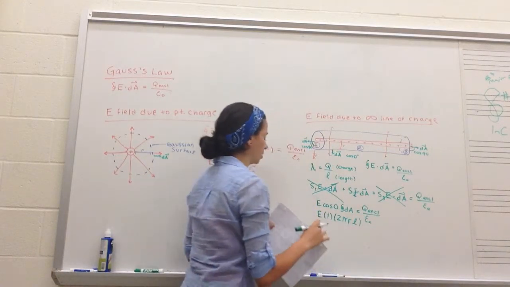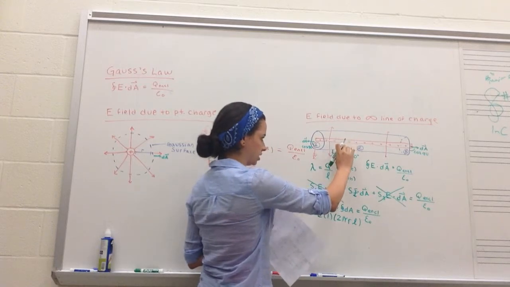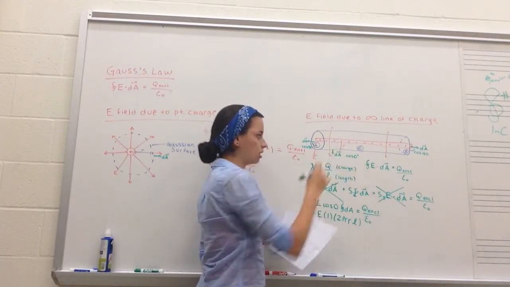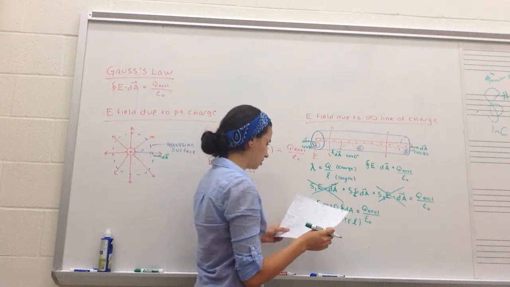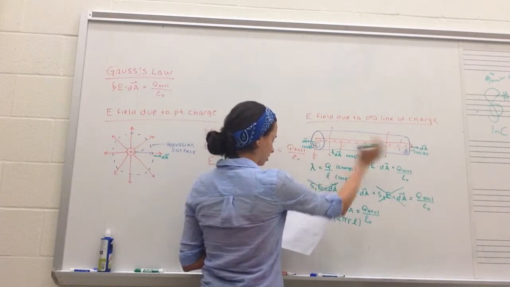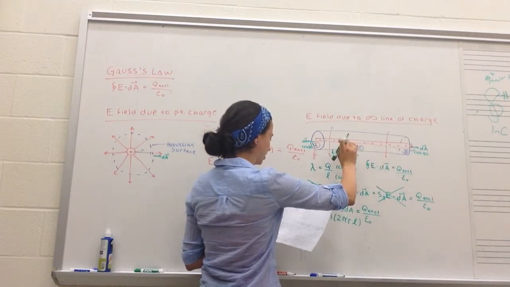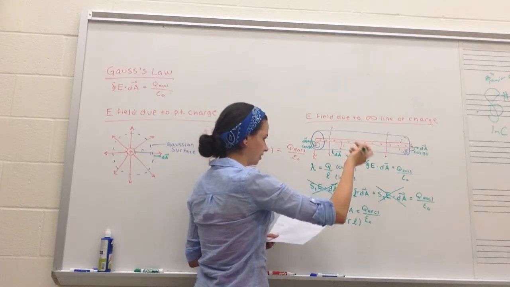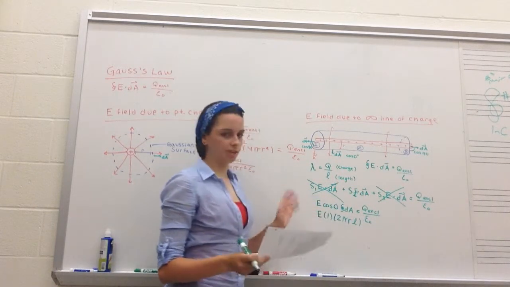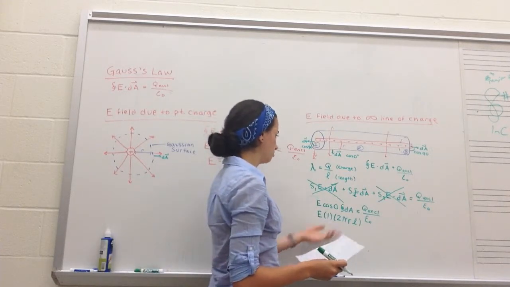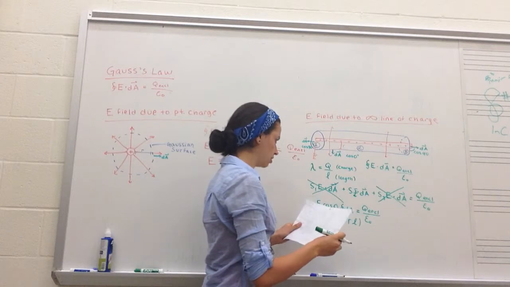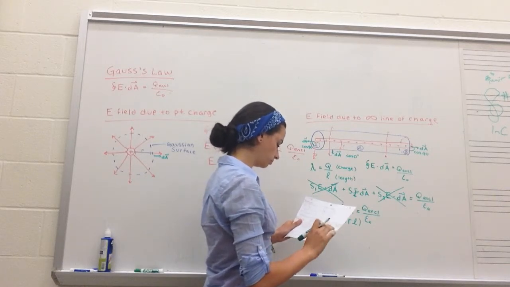Here the radius is the distance away from the Gaussian surface. Usually the problem will tell you where that needs to be. The length is the length of the infinite line of charge, which is infinity, but eventually it goes away because we cancel it out. And that's the equation for the surface area of a cylinder.